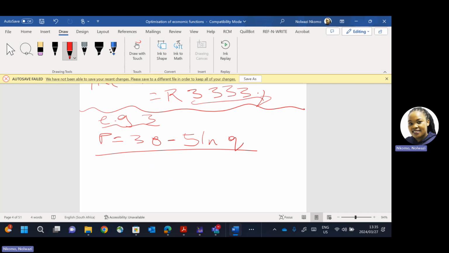the demand function, then your total revenue will be the demand function times the quantity demanded, the units.